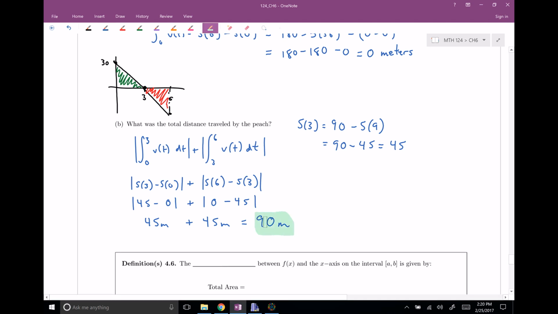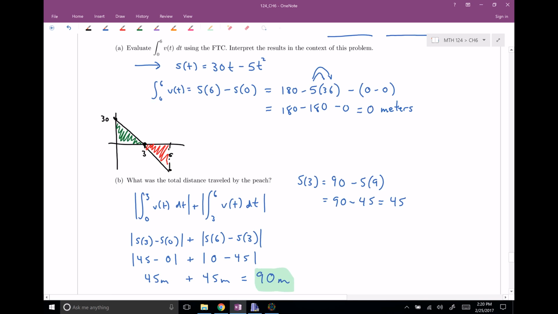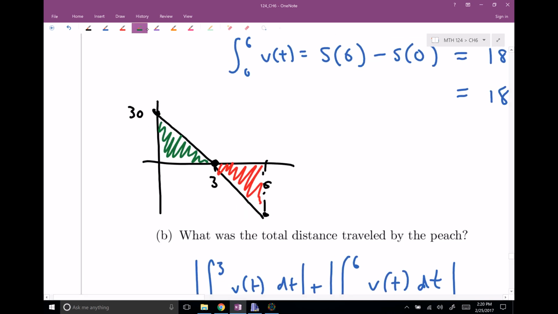And likewise, because we do have this nice nifty sketch up here, we could look at it like this. We have width 3, we have height 30. So if we do 1/2 base times height, this would be 1/2 times 90, that would be 45. So that's 45 meters, right?